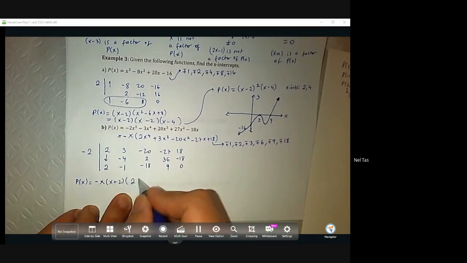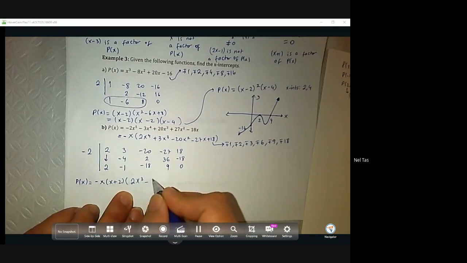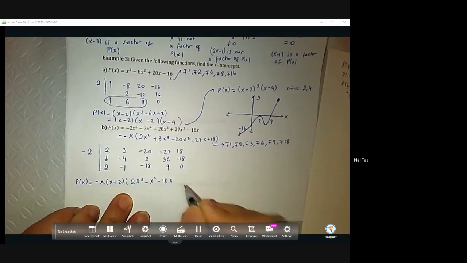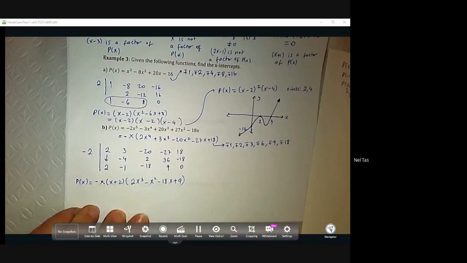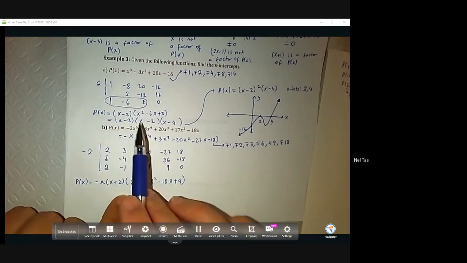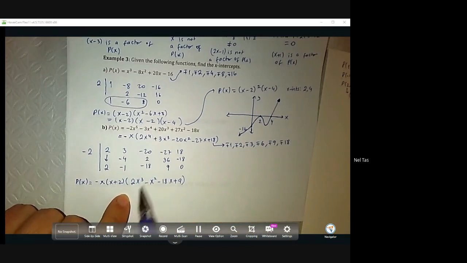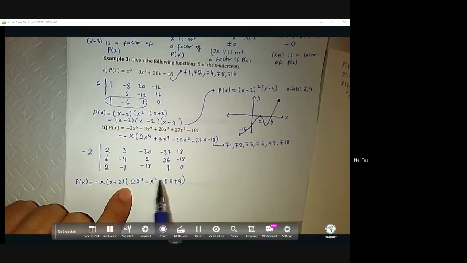So 2x cubed minus x squared minus 18x plus 9. Still, we don't have a trinomial yet. If we had a trinomial, we could easily factor it like the previous example, but we are not there yet. So now we have to factor this cubic part of the polynomial.